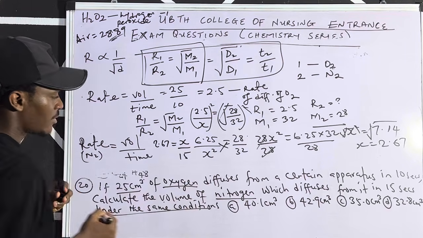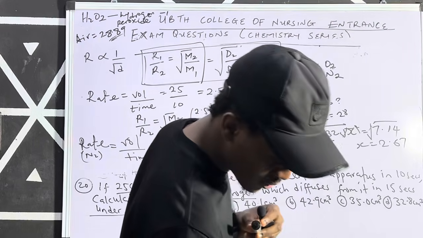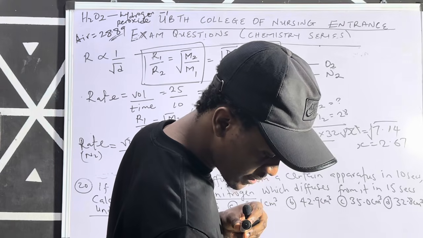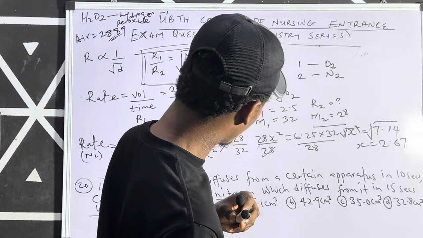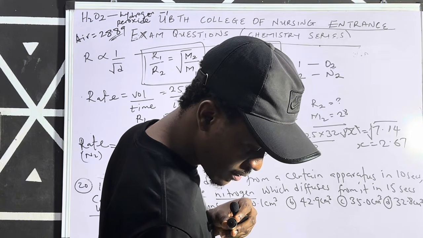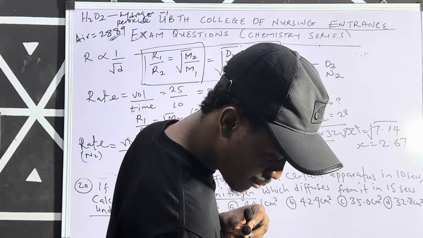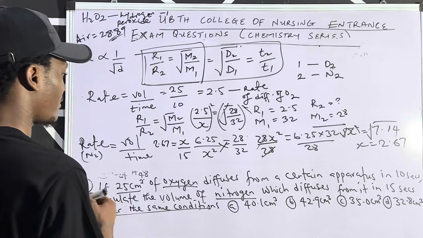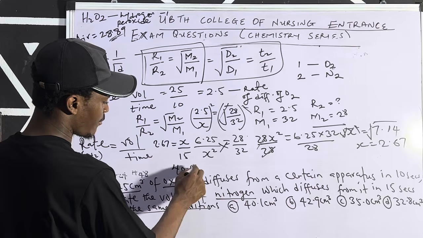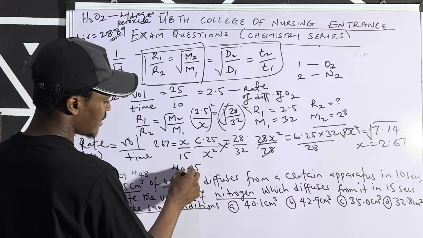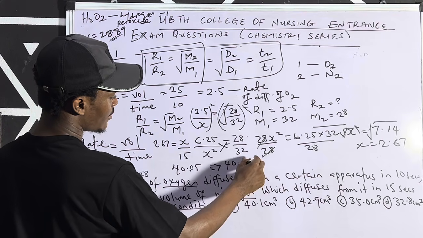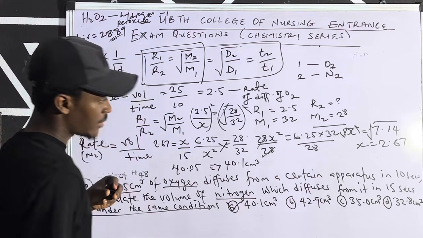So all we do is multiply 2.67 times 15, and the answer is 40.05. Rounded off, it gives 40.1 cm cubed. So the correct answer is option A.